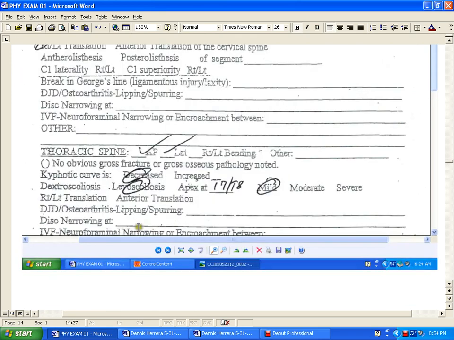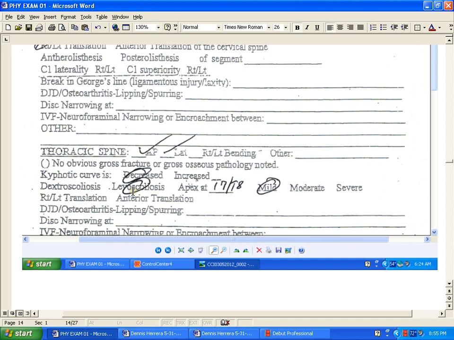Then there's thoracic, and in this case you don't have to put no obvious gross fracture or gross osseous pathology noted. In this case, there's a decreased kyphotic curve. And the next one, now over here it has mild, so the first word is going to be mild.